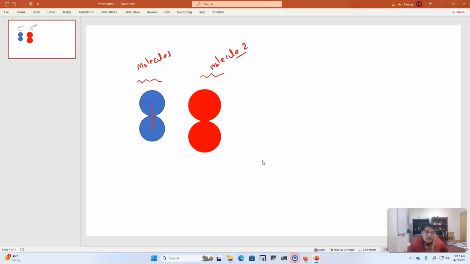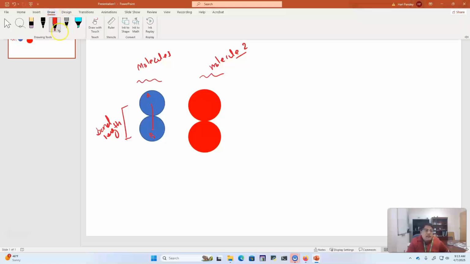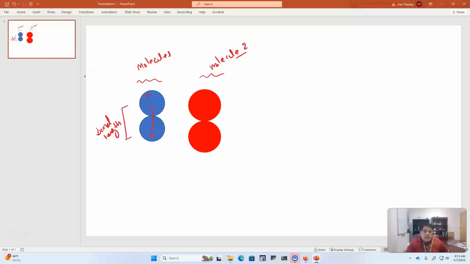This is the radius, and if you connect the two centers, that is the bond length, the distance between the centers of two atoms of the same molecule, bonded atoms. Let's say this is atom A, this is atom B, and this is atom C and atom D. A and B are bonded together, but A and C are not bonded together. So the distance between the centers of two bonded atoms is the bond length.